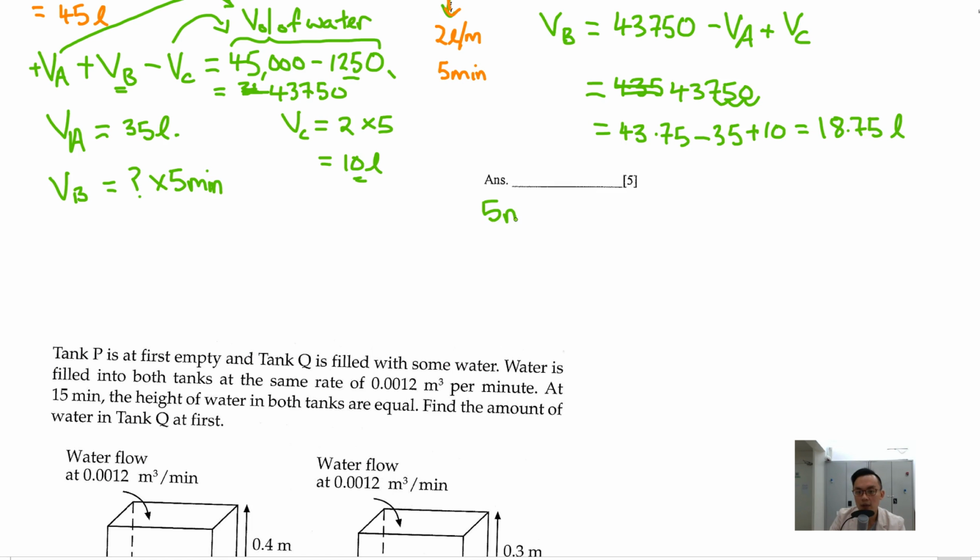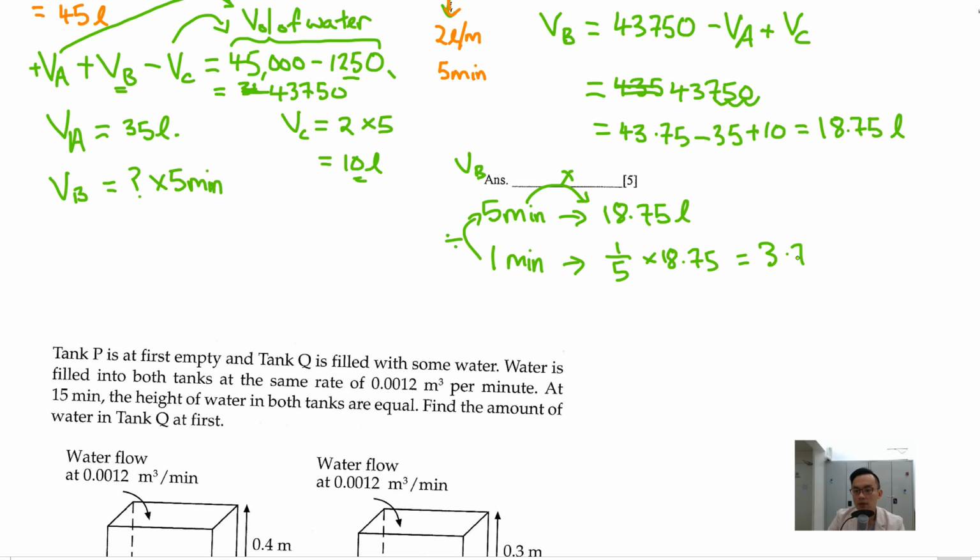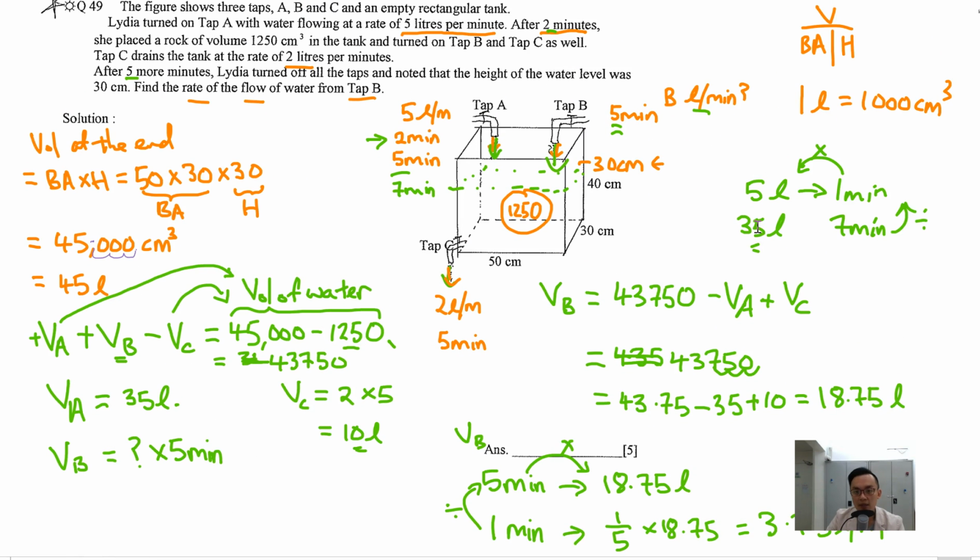So for 5 minutes, volume of B was 18.75 liters. So I want to find liters per minute. So therefore 1 minute is 1 divided by 5, so again divide, times 18.75 equals 3.75 liters per minute. Okay, so that's how you solve this question.